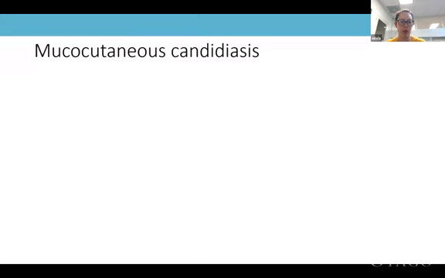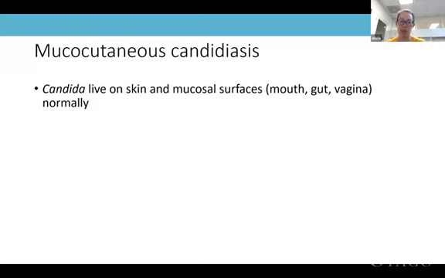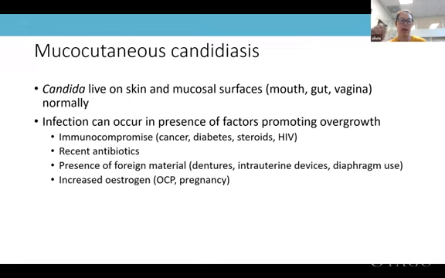So we're talking about mucocutaneous candidiasis. Candida are yeasts. They live on skin and mucosal surfaces, meaning gut, mouth, vagina. They live there normally as commensals, not causing any problems. But infection can occur in the presence of factors that promote overgrowth of the Candida.